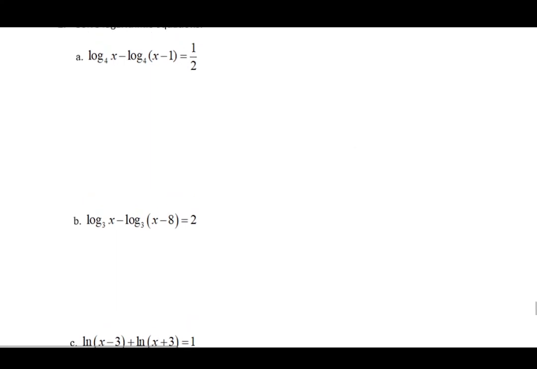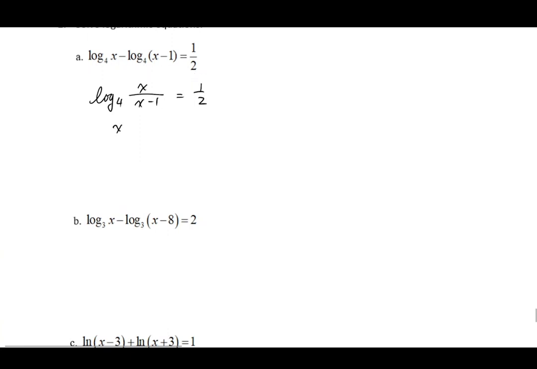So this first one, A. First, let's combine these two logarithms. We have the same base, so we can say log base 4 of x over x minus 1 is equal to 1/2. So far, so good. Now we have to rewrite this into exponential form. So this is the exponent. That's the only thing you need to remember.